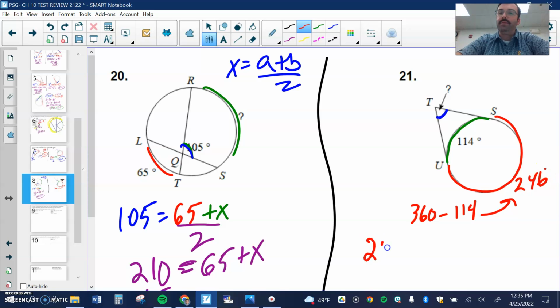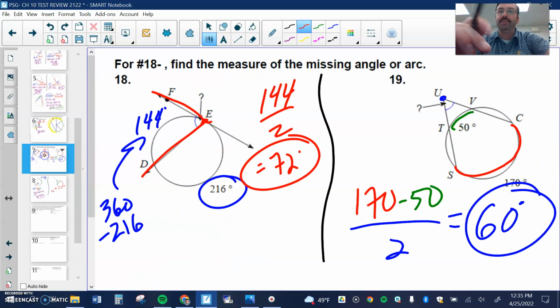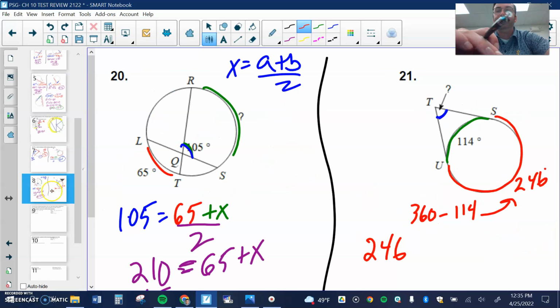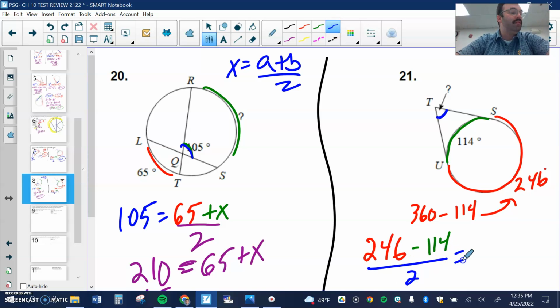So then I could do 246, this is now turned into a problem like 19, 246 minus 114 divided by 2, which gives me 66.